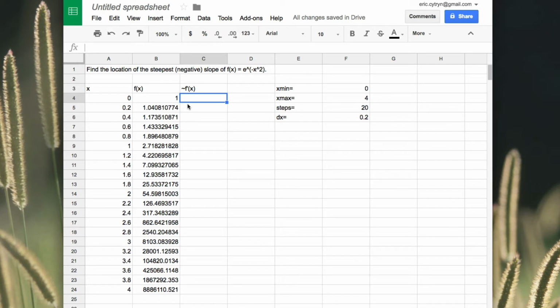Now, instead of taking a derivative and plugging that in here, we want to do this all numerically, taking advantage of the spreadsheet's calculations. So what I'm going to do here is use secant lines and find the slope of a secant line near 1. Now, one option is to choose this as my f of x plus h, and this is my f of x. But that means that our step size here is going to control the accuracy of our f prime.